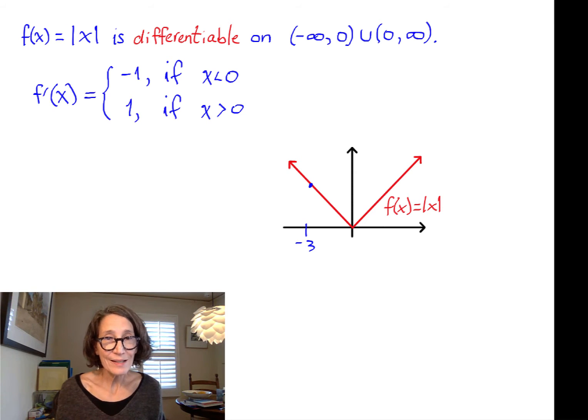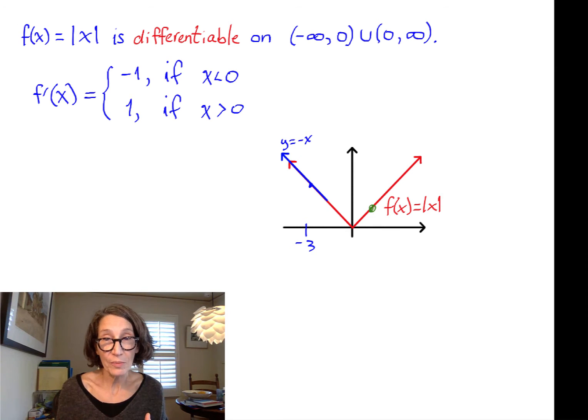So at any negative number, say -3, the tangent line goes through that point and has slope -1. So it has to look like that. It has to be y equals -x. We can see that the tangent line coincides with the absolute value function at that point. If we do that at any negative number, it's going to be the same tangent line.